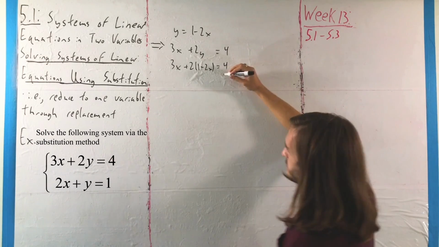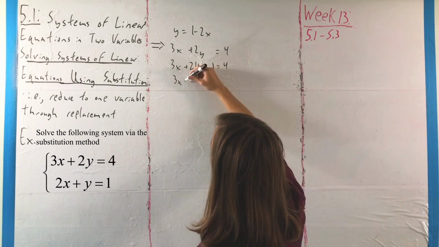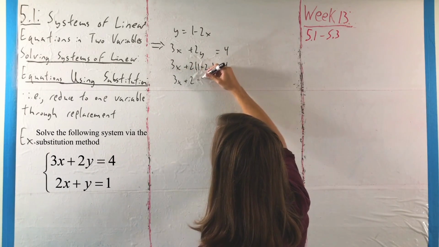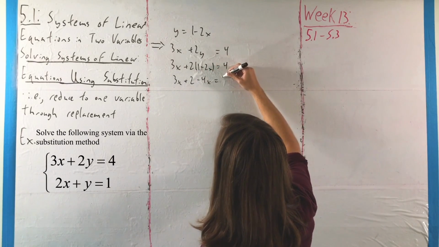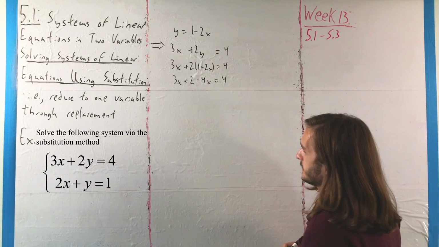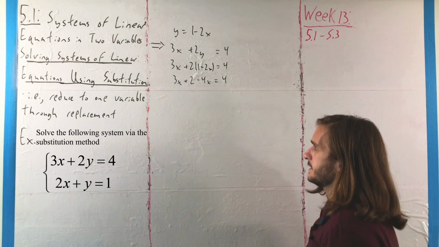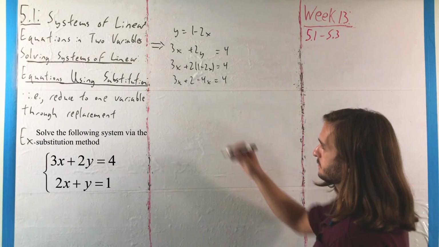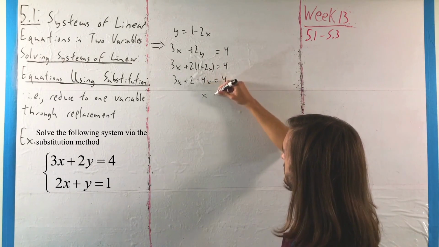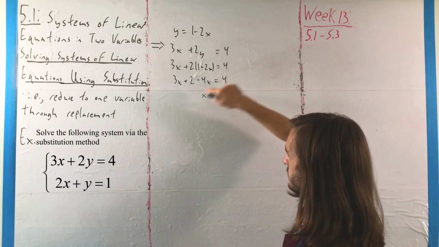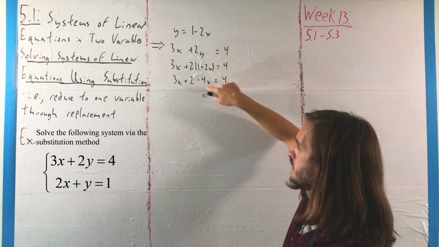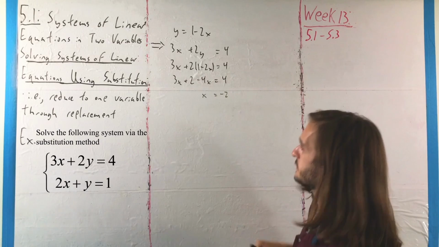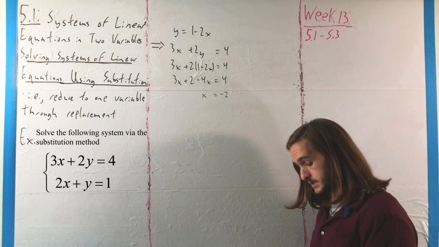And then we'll simplify this a little bit. 3x plus 2 minus 4x equals 4. Subtract over a 2, add in a negative 4 and a 3, and what we're going to end up with is negative x is equal to 2. Pull these together, that's a negative x, divide out the negative, and we get x equals negative 2.